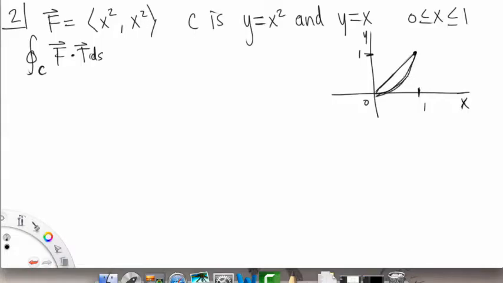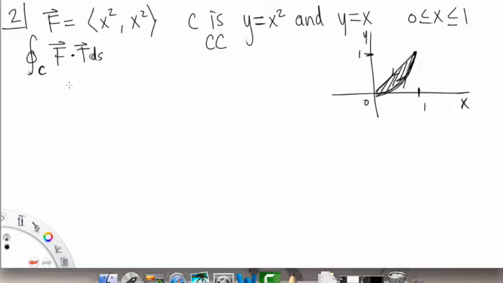This is our curve, and it is oriented counterclockwise, so it's going around like that. Everything in the middle is our domain, and the boundary of the domain is C, which consists of both of these functions. It's like the fencing around it.